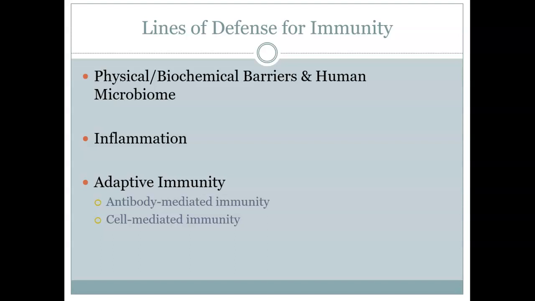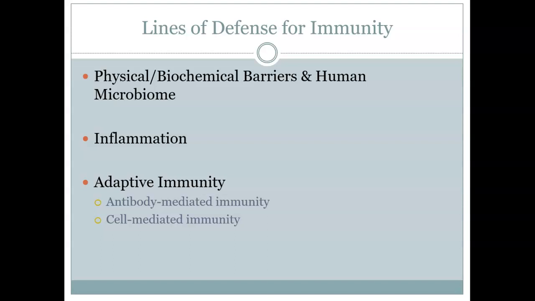Well, let me back up. Our first line of defense is our physical biochemical barriers. Our skin very much is a line of defense. Our second line of defense is the inflammatory process. And the third line of defense is adaptive immunity, and we'll talk about that in more depth.